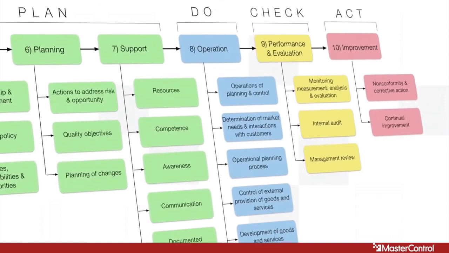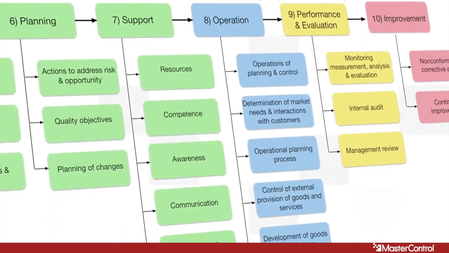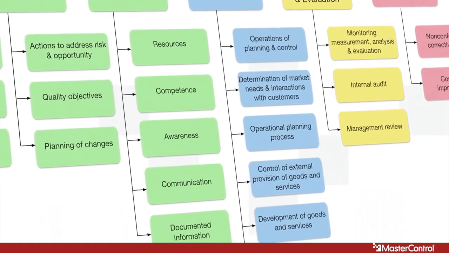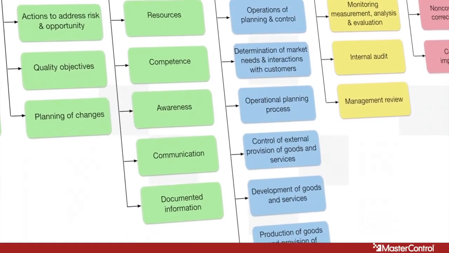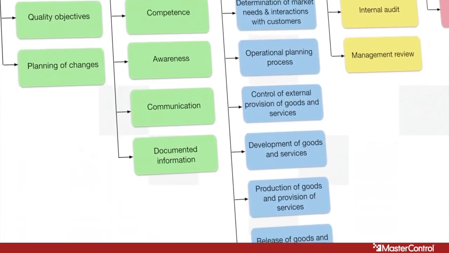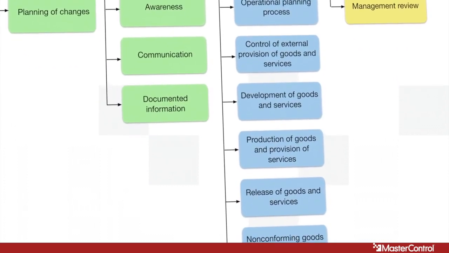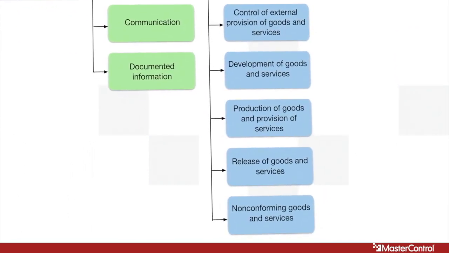You've got operational planning and control, determination of market needs, operational planning processes, control of external provision of goods and services, development of goods and services, production of goods and services, release of goods and services, and nonconforming goods and services. So what used to be just purely the developmental aspects are now squarely into the entire do cycle of the plan, do, check, act cycle.